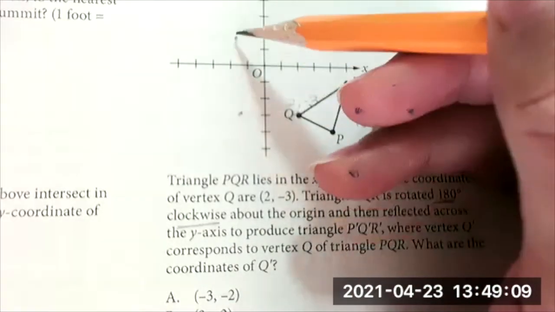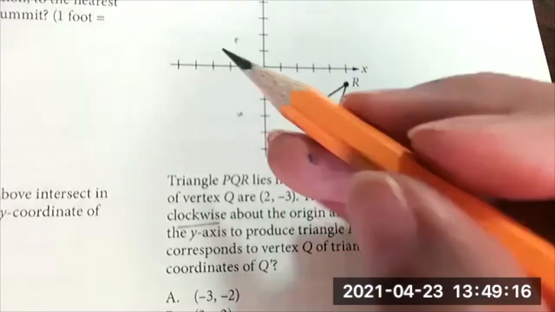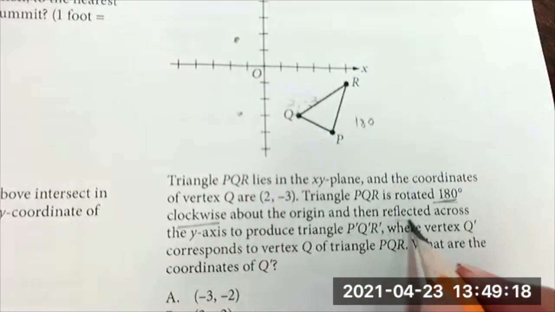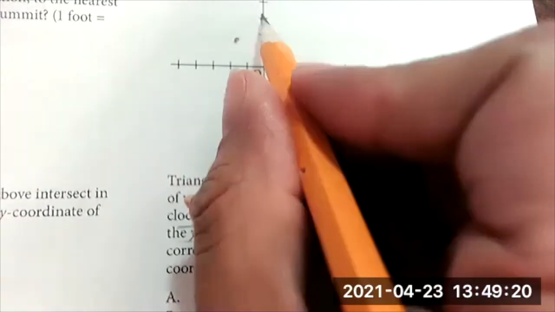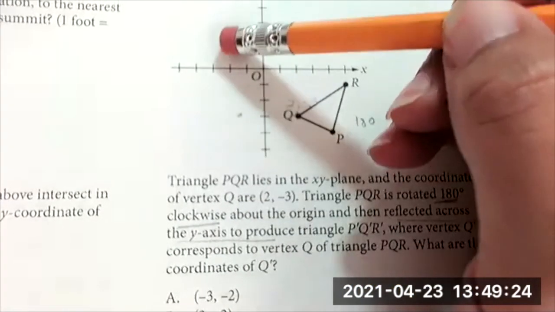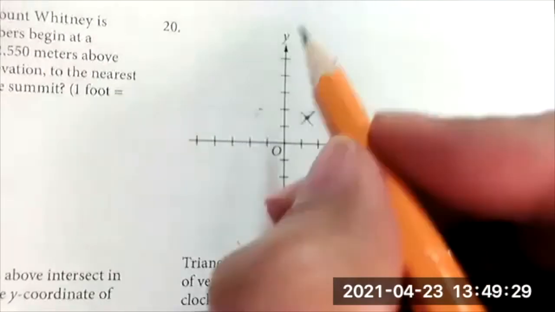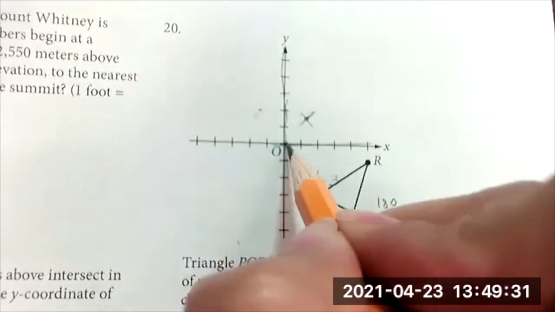I'm just doing 1 point, just so that you can focus on that Q that they're asking for. So then it says, once it ends up here, it's reflected across the y-axis. This is your y-axis, so then your point is over here. So once you have this one, focus on the x and the y.